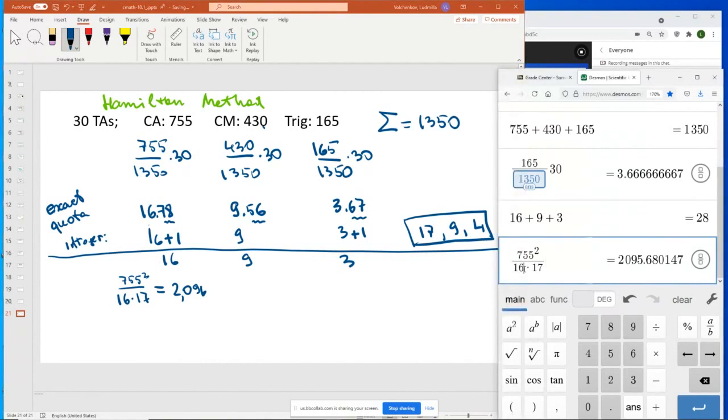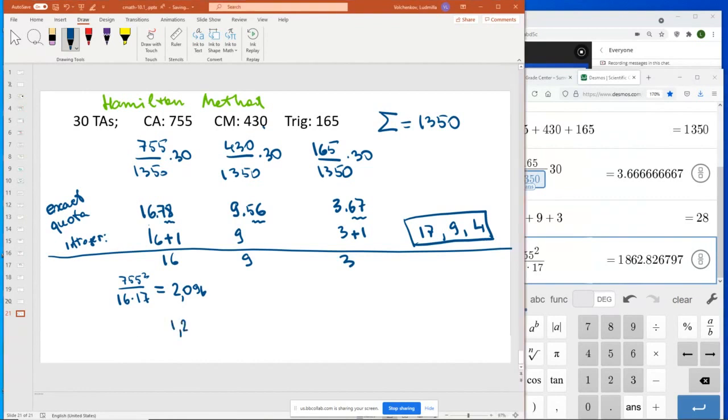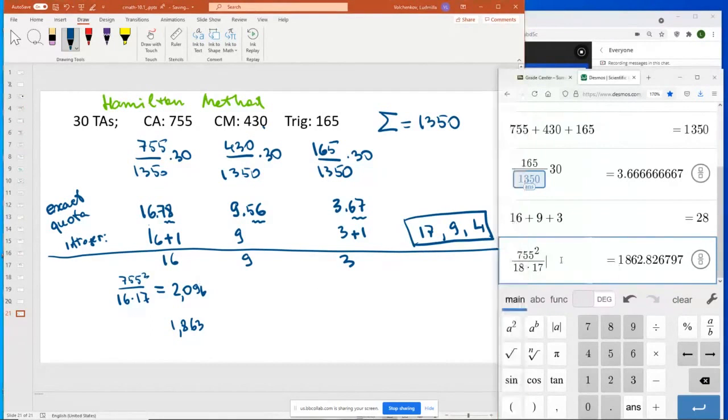And the next number will be 17 times 18, so the next number in the table will be 1863.